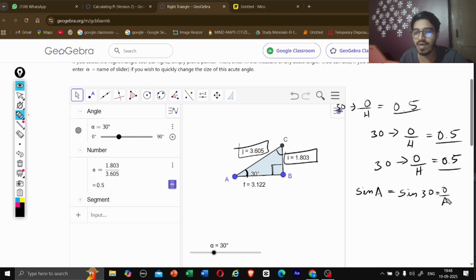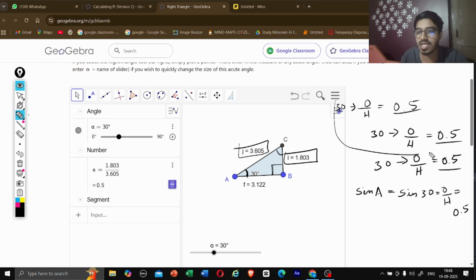So whenever I take a right angle triangle and one of the angles is 30 degrees, and I take that angle's opposite side divided by the hypotenuse side, I'll get the value 0.5.